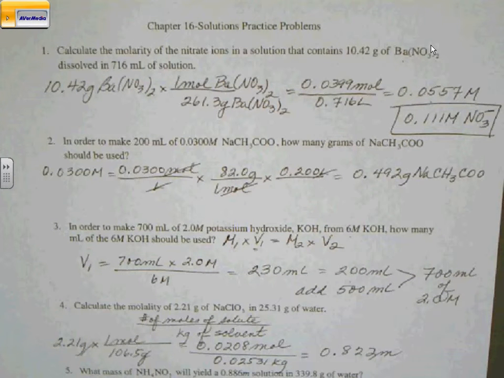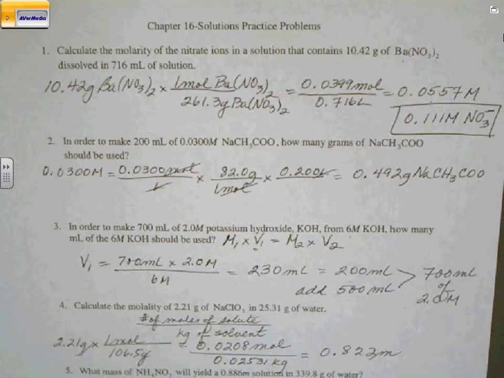The problem asks us to calculate the molarity of the nitrate ions in a solution that contains 10.42 grams of barium nitrate dissolved in 716 milliliters of solution.